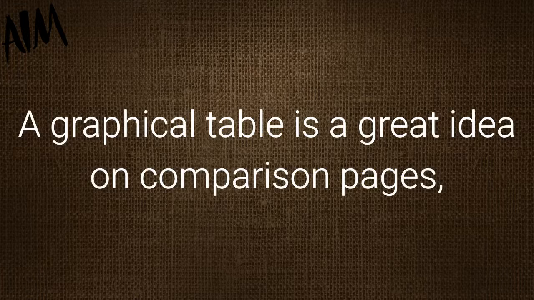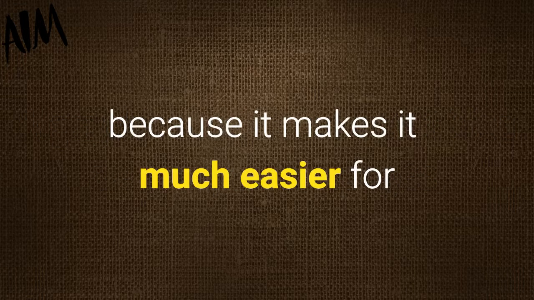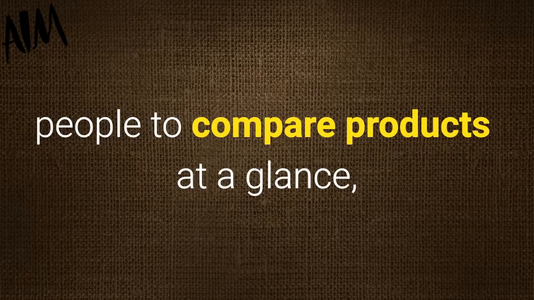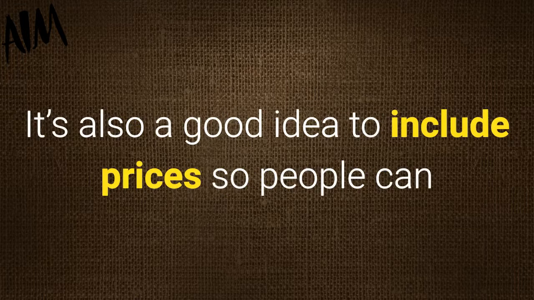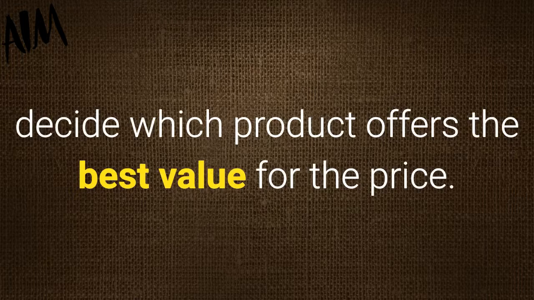A graphical table is a great idea on comparison pages because it makes it much easier for people to compare products at a glance, thus saving them a lot of time and speculation. And although we've touched upon this earlier, don't forget it's also a good idea to include the prices so people can decide which product offers the best value for the price that they are willing to pay.